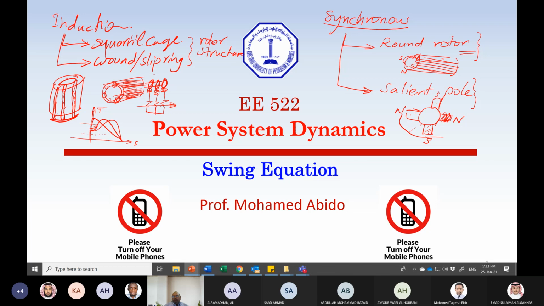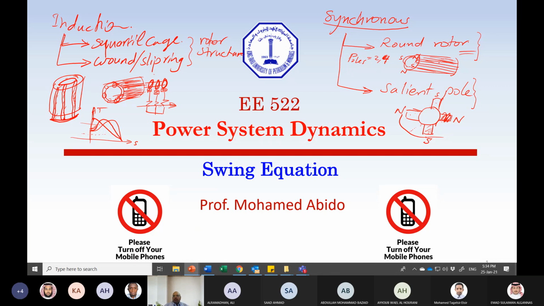This type is characterized by the number of poles being limited. In this type, the number of poles is 2 or 4.